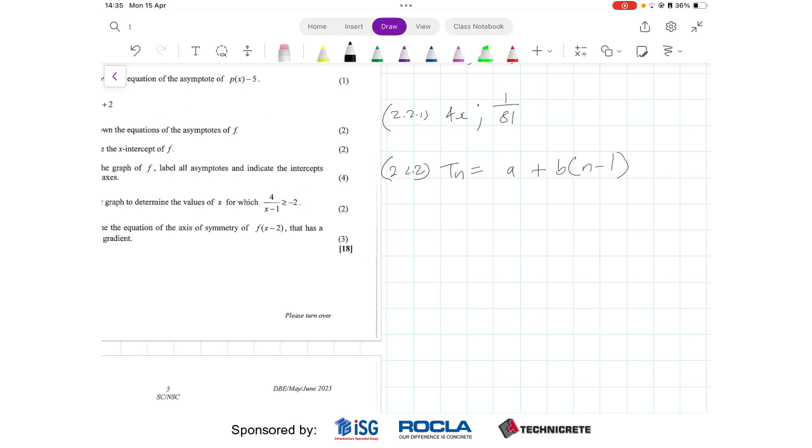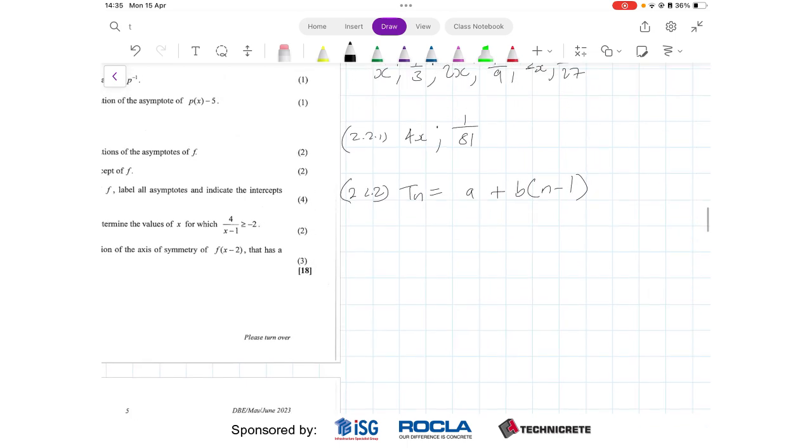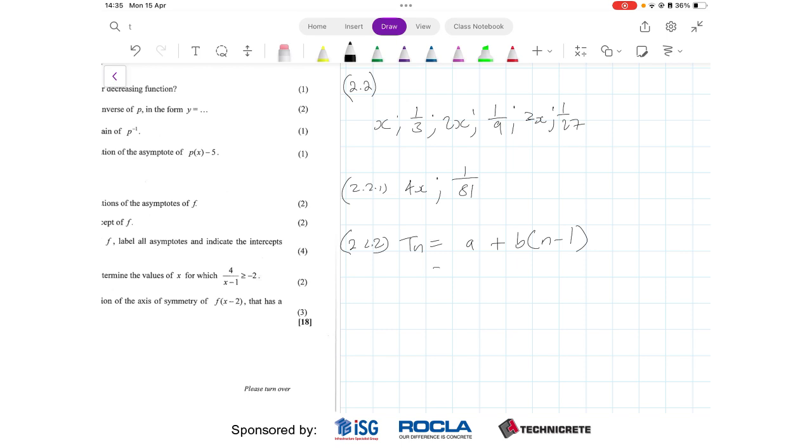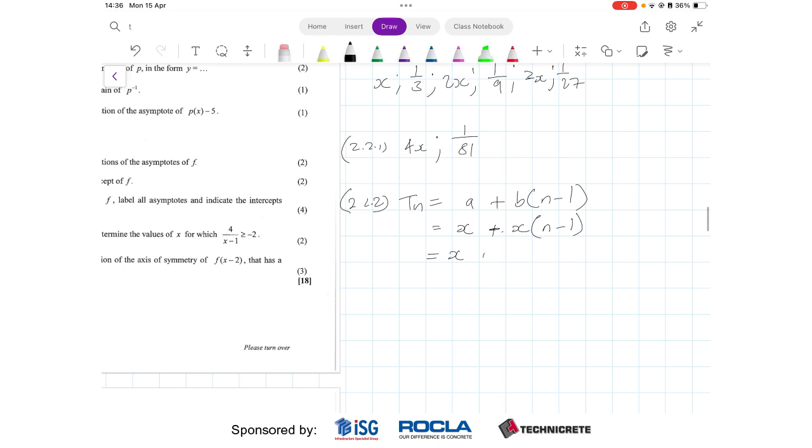Now, we know that our a is equal to x, and b is also equal to x, times n minus 1, such that you have x plus xn minus x. These two cancel each other out, such that we are left with xn.